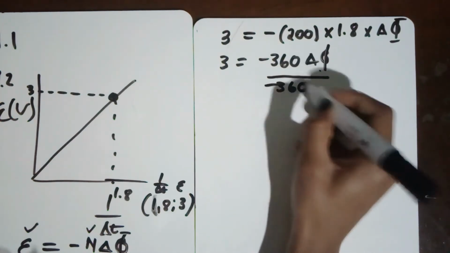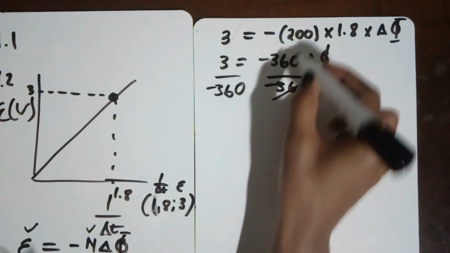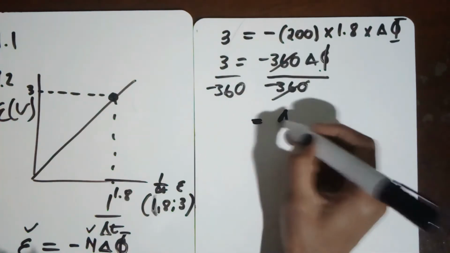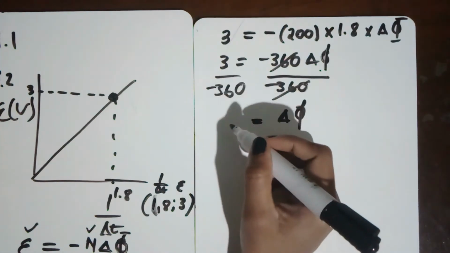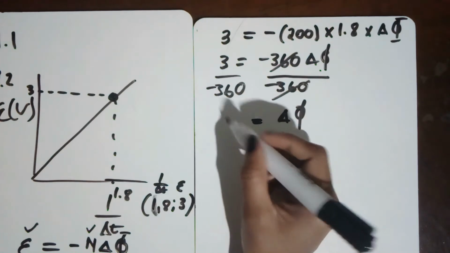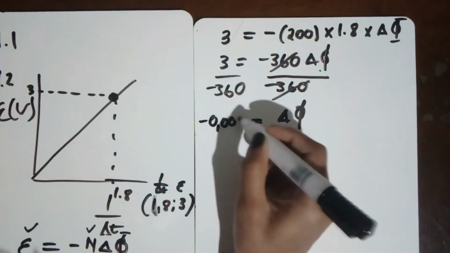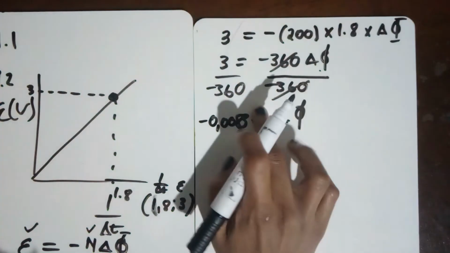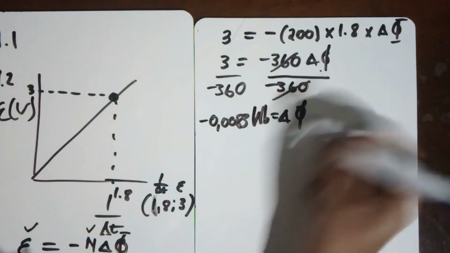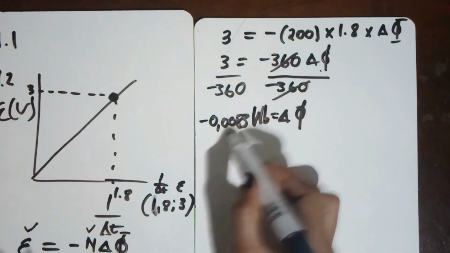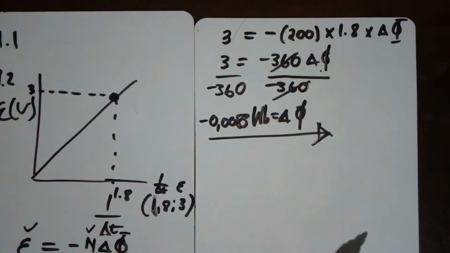I simply divide both sides by the negative 360, right? So these two will cancel, and then you have your change in magnetic flux, which is 3 over 360, and it's supposed to give you a negative of 0.0083. The change in magnetic flux is measured in Webers, so you just write Wb over there, and that's your answer. Quite straightforward if you think about it.